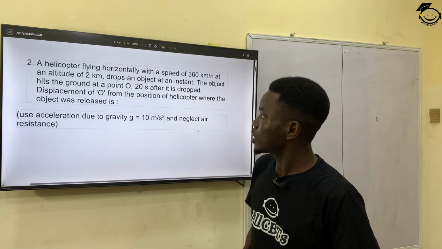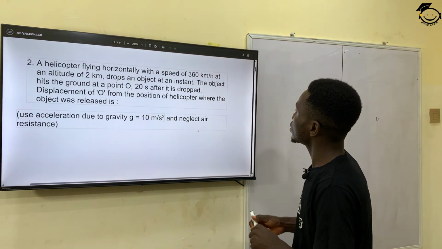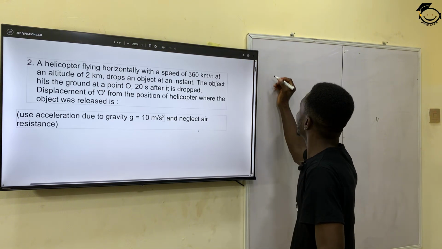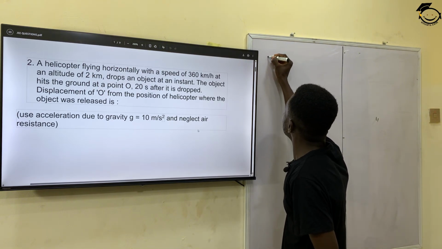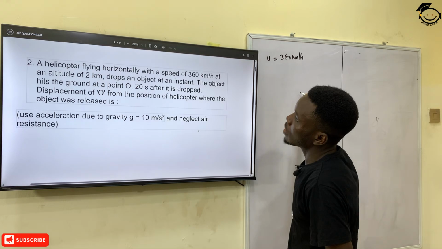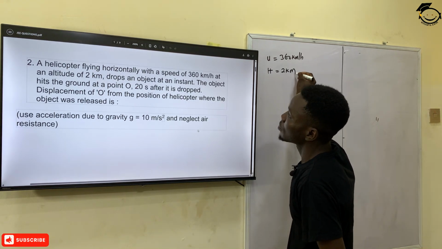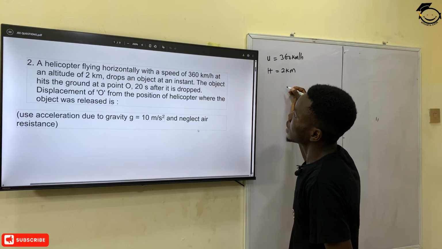Question number 2 says, a helicopter flying horizontally with a speed of 360 km per hour, so we're given the speed, at an altitude, so we have our height, altitude as 2 kilometers, drops an object at an instant.